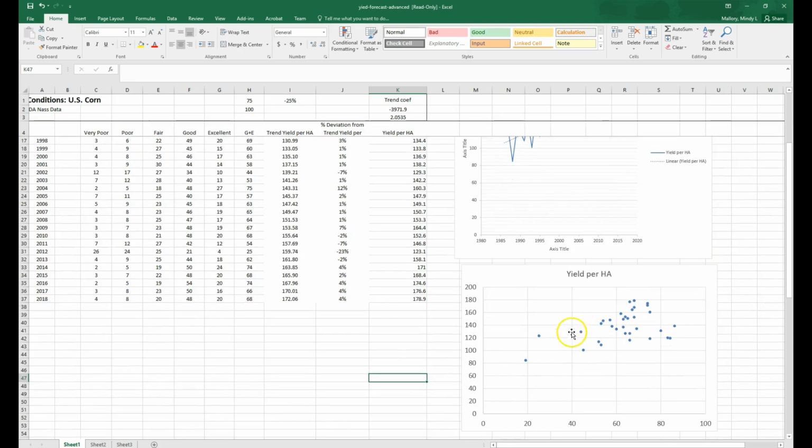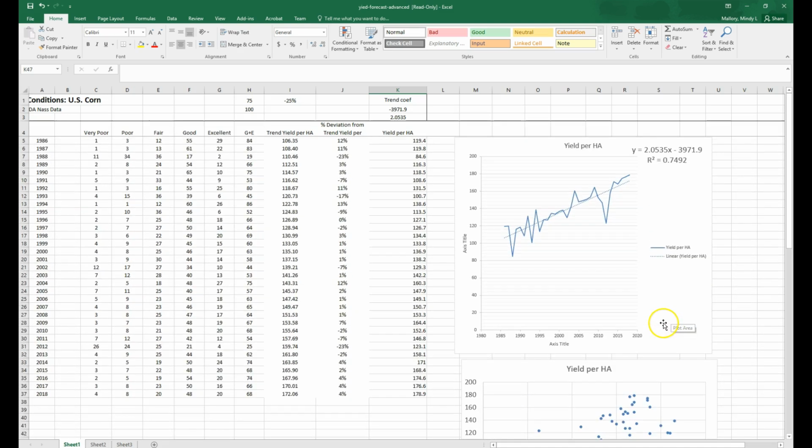So if you tried to just fit a line through here, you would be messing up, because, for example, this 2012, which is a really, really bad year, you're going to get the same realizations as a normal year from the 1990s.